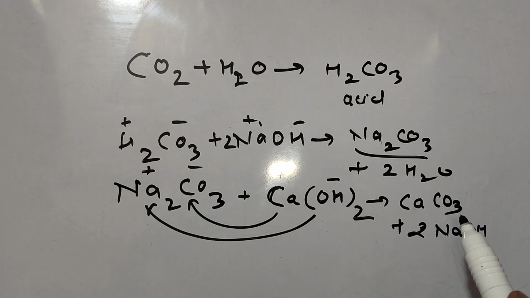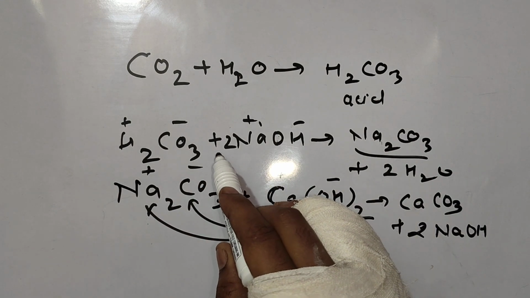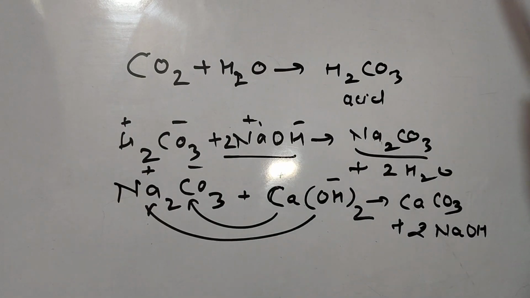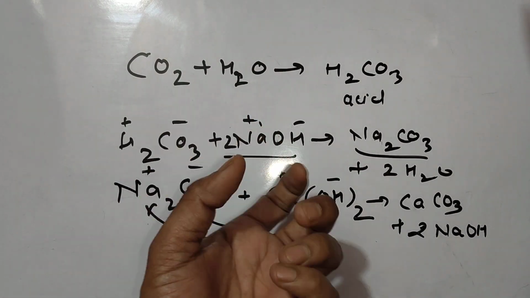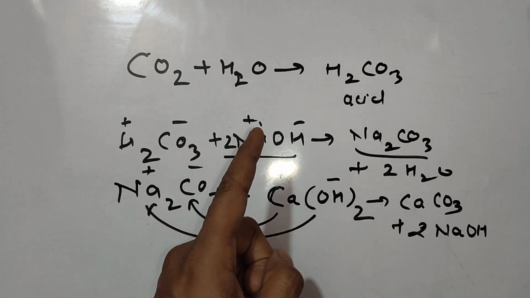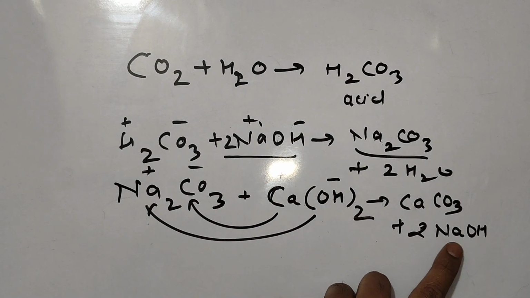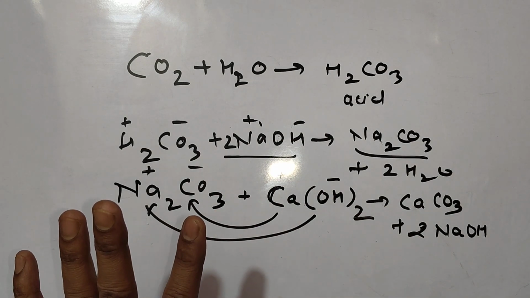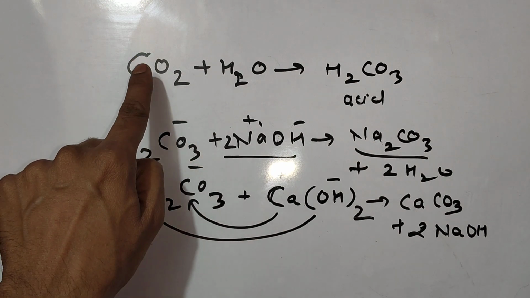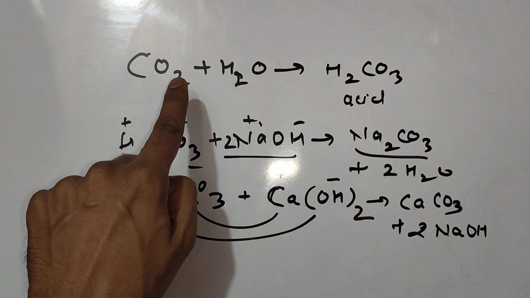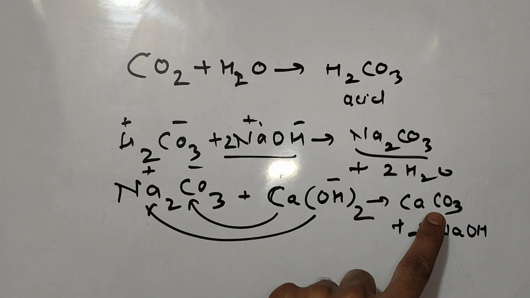Means if we check overall, two NaOH, sodium hydroxide molecules from soda lime, were utilized, and they are regenerated again. So there is overall no loss of sodium hydroxide during this reaction. Carbon dioxide, you can check, is converted itself to calcium carbonate.